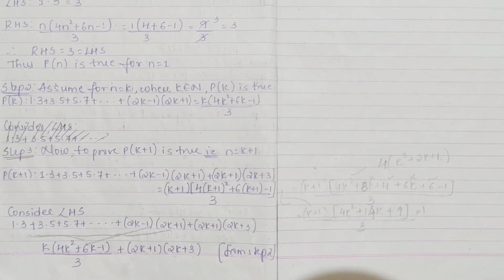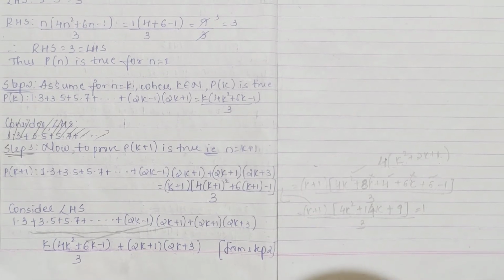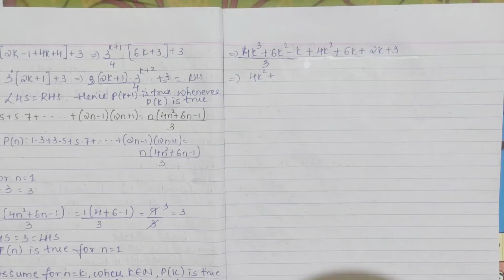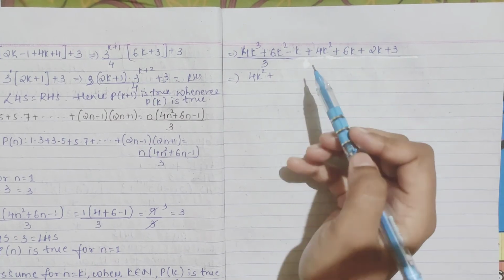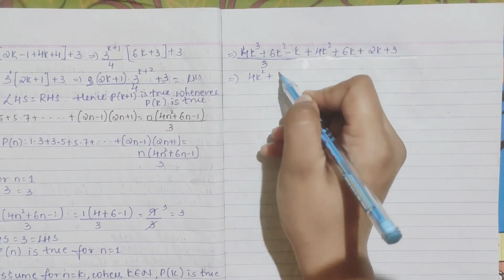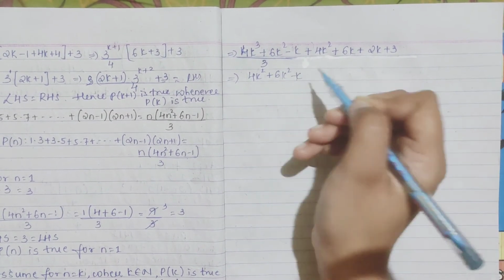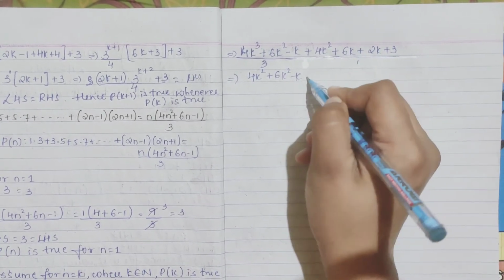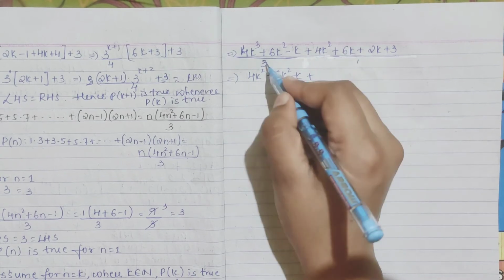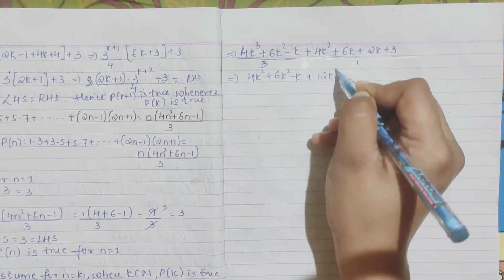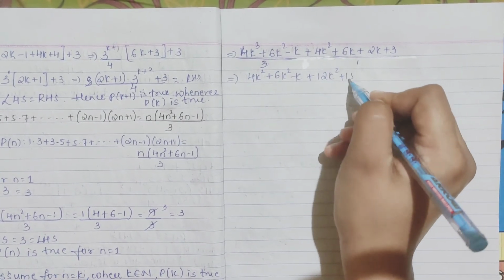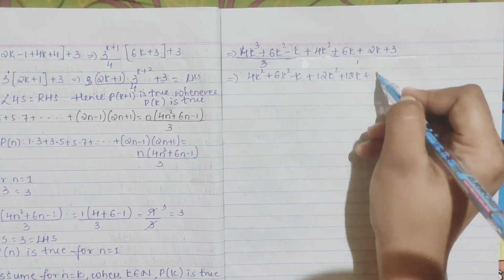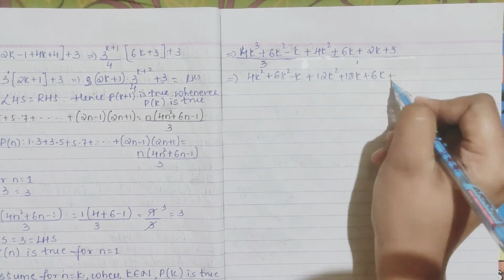Then we can take our 3 as LCM and try to solve it, okay? So the part which I said I have multiplied, next is 6k square minus k. We will take our LCM, right? Here it is 1, nothing is there, so plus 3 you have to multiply. So 3 4s are 12k square, 3 6s are 18k, 3 2s are 6k, 3 3s are 9, right?